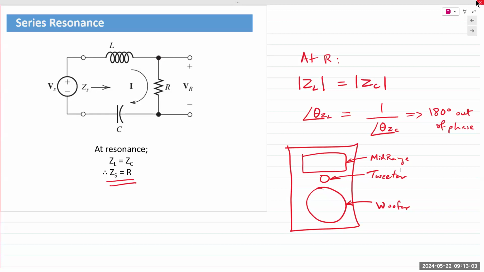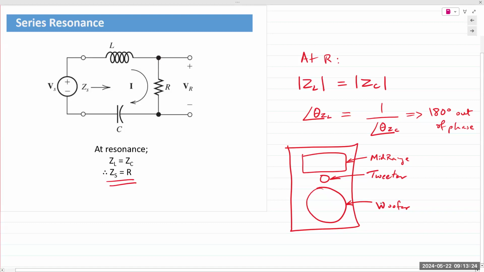Depending on the frequency, each frequency, of course, will have a wavelength. And depending on the frequency, the sound reproduction by each speaker is specific to the range of those frequencies. If it's low frequencies, you need a large speaker, large physical dimensions.